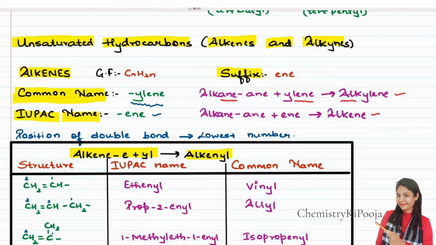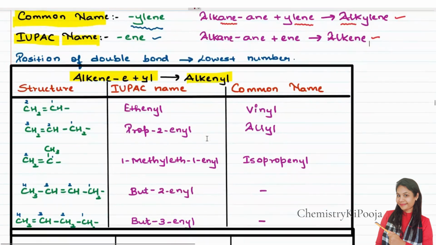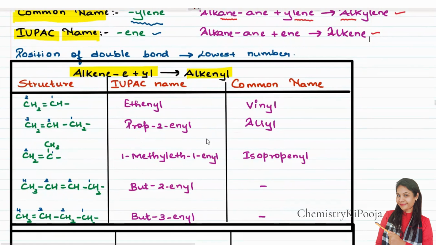Coming to now, a few more important rules while writing the naming for alkene. The position of a double bond is very important while writing the name of alkene. Always remember students, the position of a double bond should be given the lowest possible number. How to write down the position, we will be studying now.